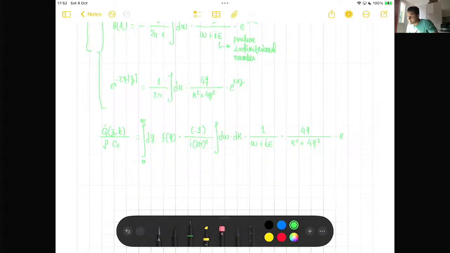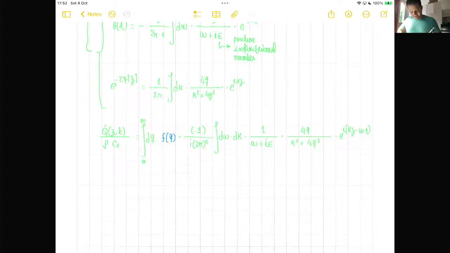All of these multiplied by the exponential of i times (kz minus ωt). But here we have a term f(q), which we don't know what it is.